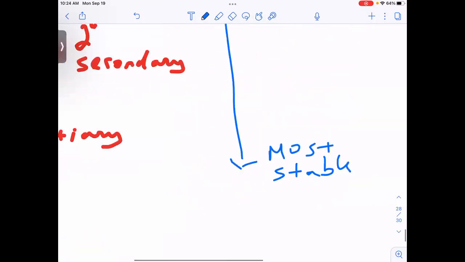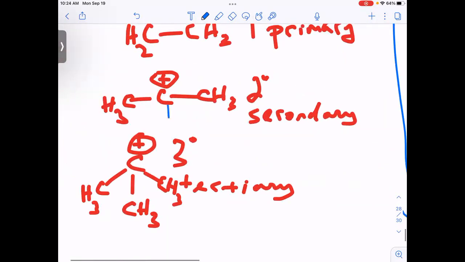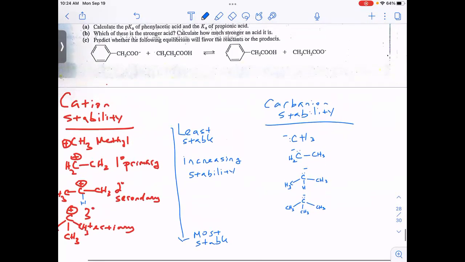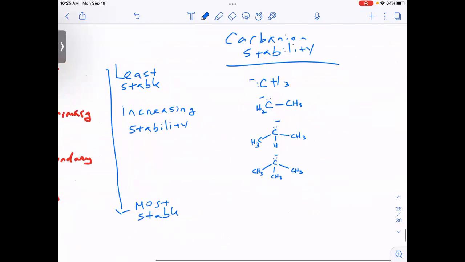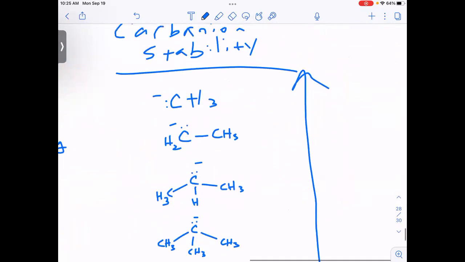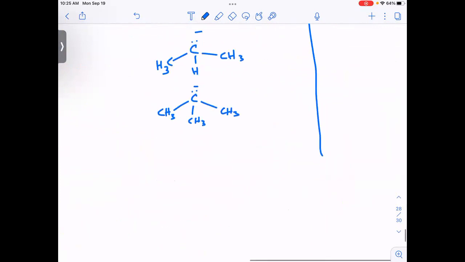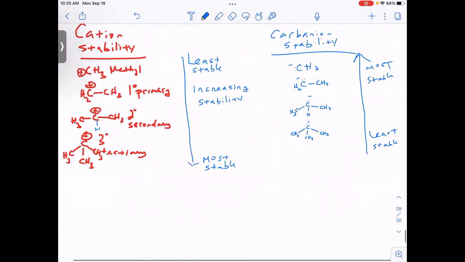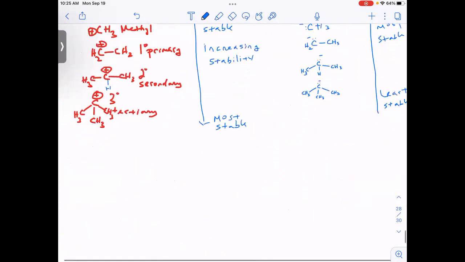Let me go back over here. I think I left off a hydrogen. Yep. All right. So for carbanions, it's the opposite. It is the less substituted anions that are more stable. So this is most stable. And this is least stable. But the reasoning behind why one is more stable than the other is the same.